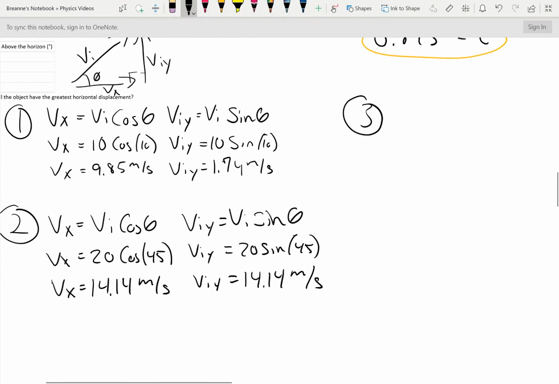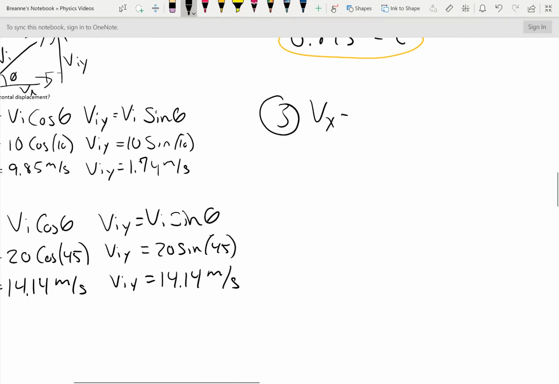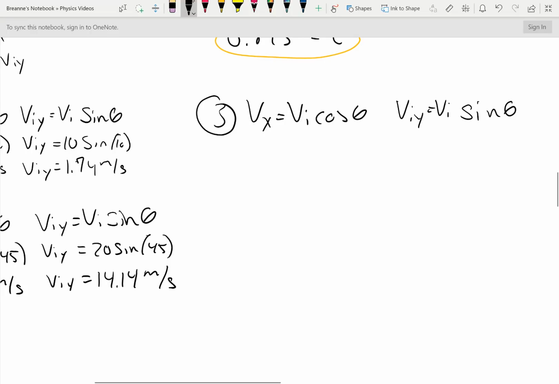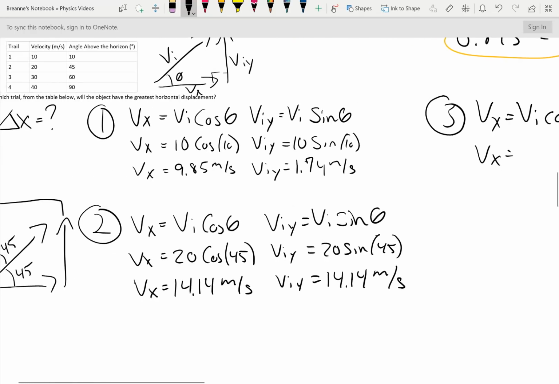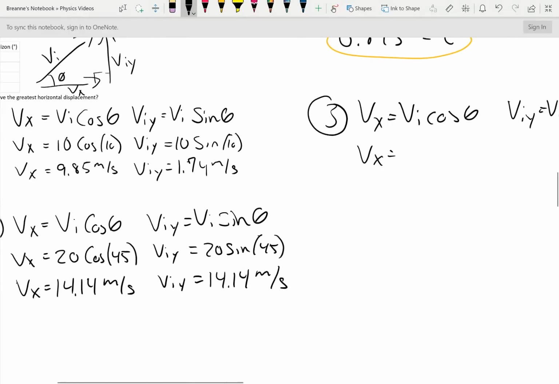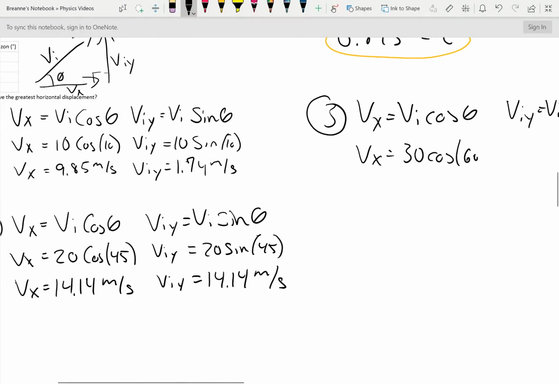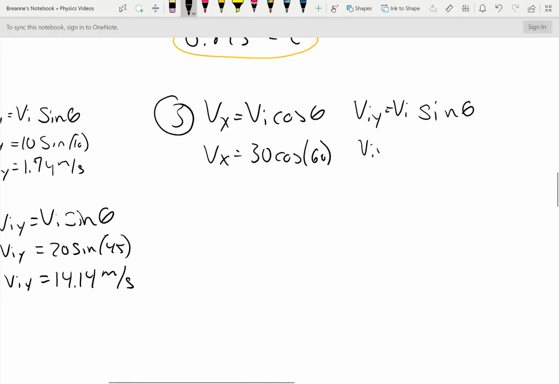So then our number 3, velocity x is initial cosine, initial velocity y is initial sine. So number 3, we have 30 and 60. We plug that in, and that gives you 15 meters per second.